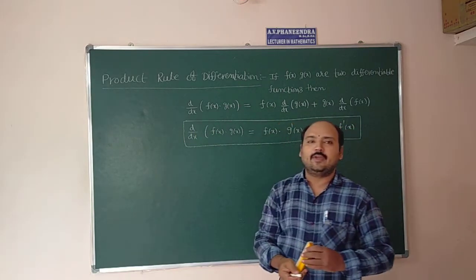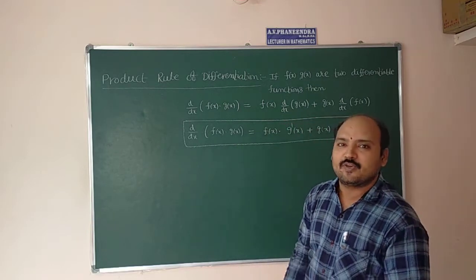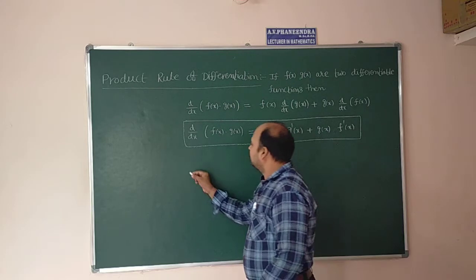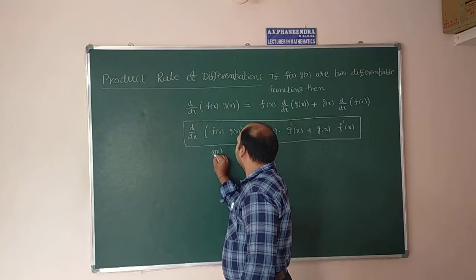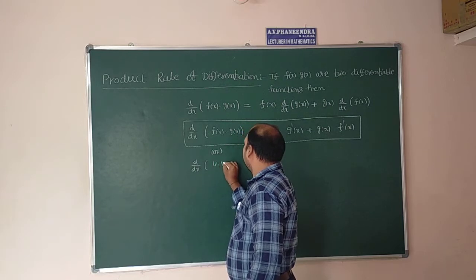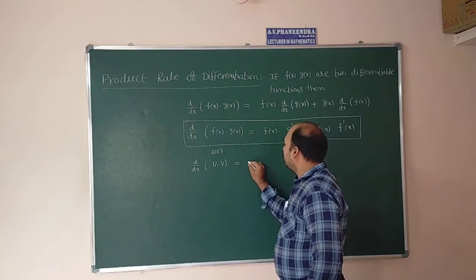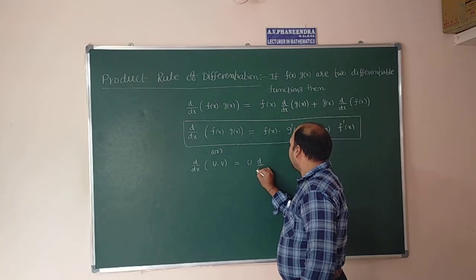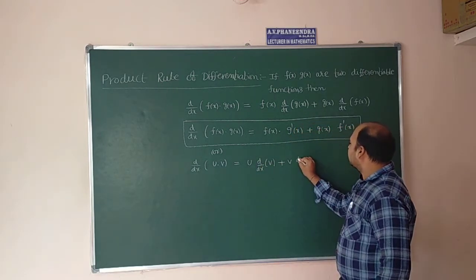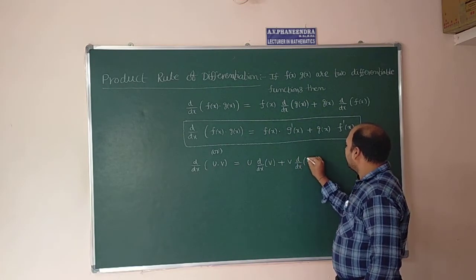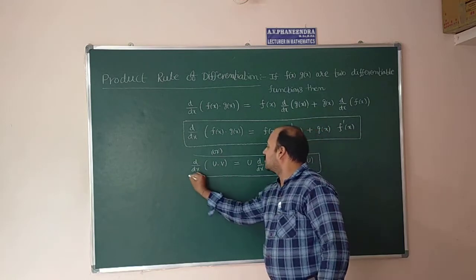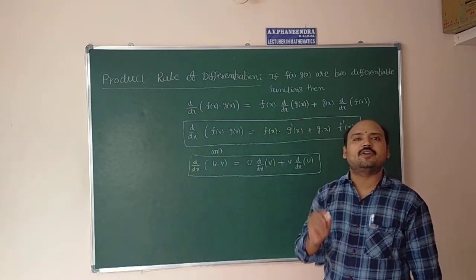Suppose in place of f of x and g of x, you assume u and v as the functions, d by dx of u into v is equal to u into d by dx of v plus v into d by dx of u. This formula is called the product rule of differentiation.